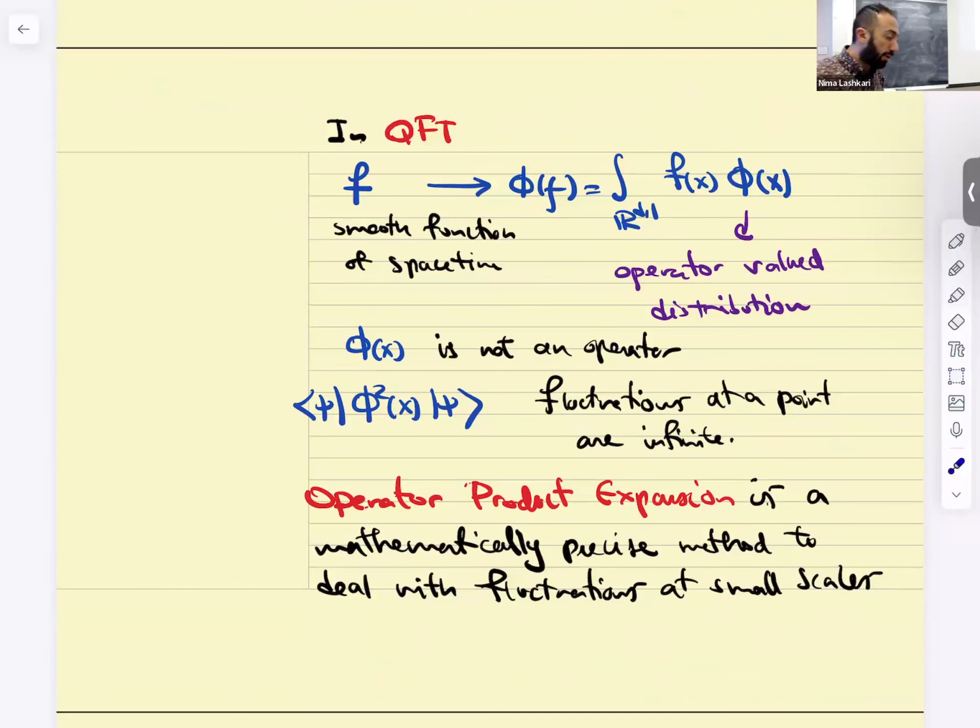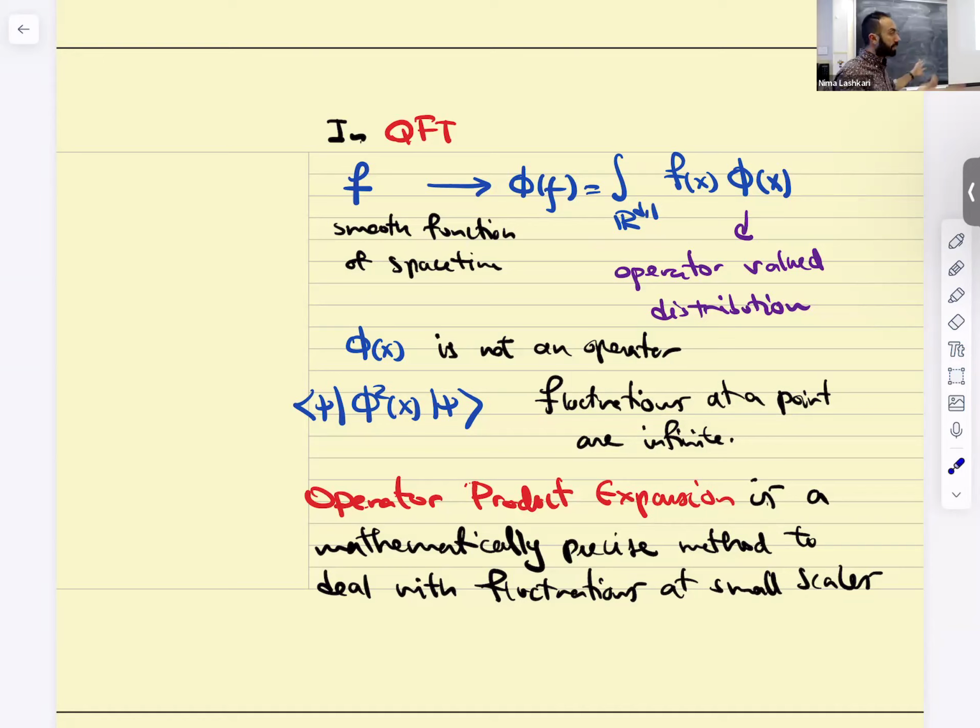Let's talk a little bit more. So in the operator product expansion, or in quantum field theory, we take smooth functions and map them to operators. A smooth function f becomes an operator phi of f, which we usually think of in our heads as an integral of f of x against phi of x.